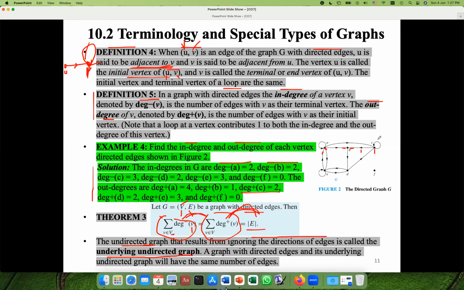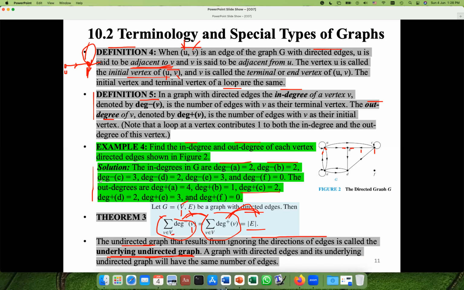For example, this one. If you ignore the direction of this graph and make a new graph without direction, that graph would be called what? The underlying undirected graph.